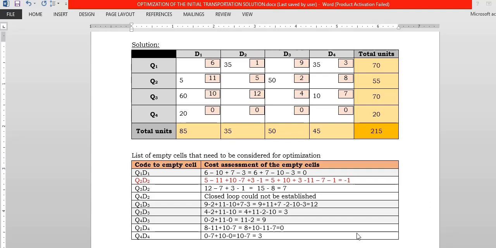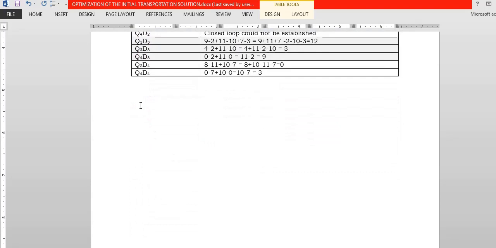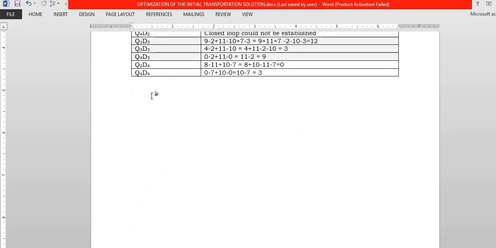I'm going to show you how that one is done. So I'm going to extract this particular table with all its contents. I take it down here. So we're going to say now, reallocating units to be transported.